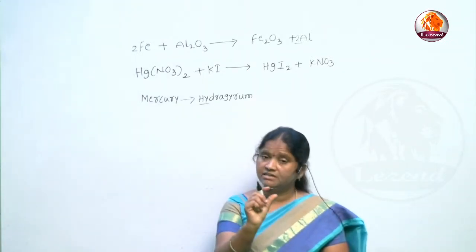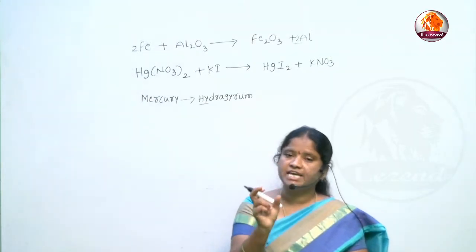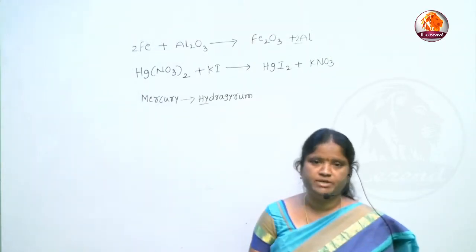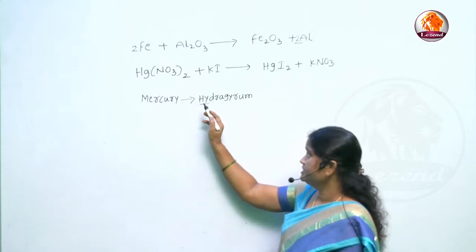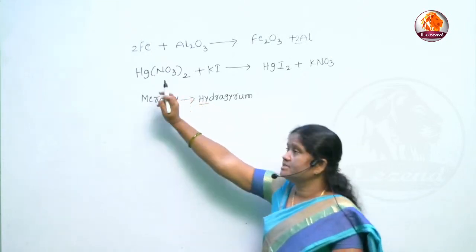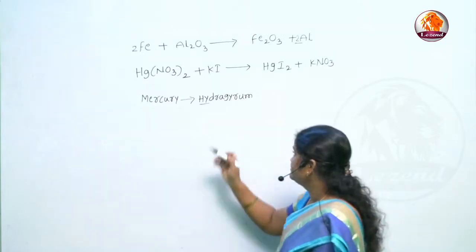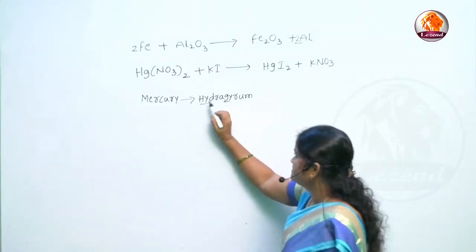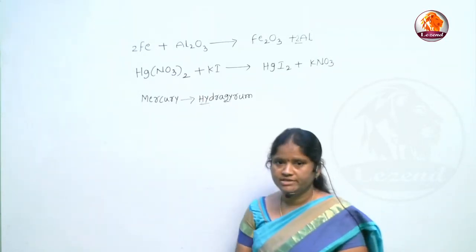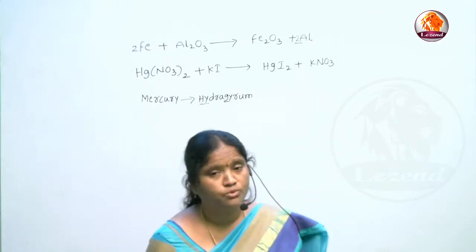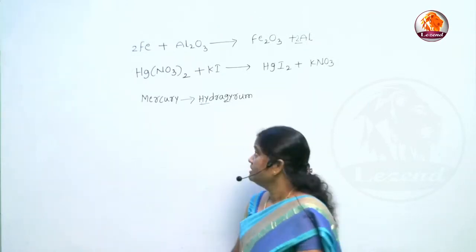The stress letter is also considered as the second letter of the symbol of that element. Okay, here hydrargyrum is Hy, but if you observe, the symbol is Hg. Here we are giving the stress on the g. That's why the symbol of mercury is Hg. HgNO3, mercuric nitrate.